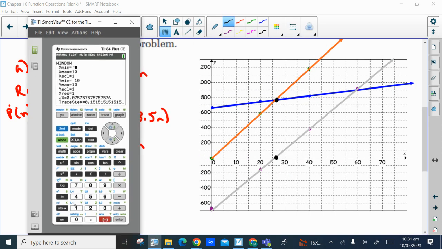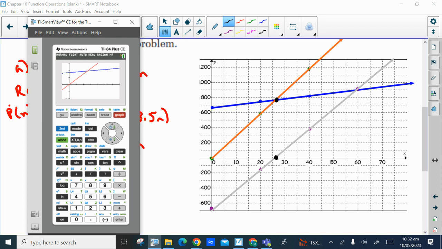I'm going to go from negative 10 on the x-axis up to 70 with a scale of 10. I'm going to go negative 800 on the y-axis up to 1200, and let's put our scale at 400 on the y-axis. So again, the graph that we put our lines on really tells us what our scales need to be in our calculator.